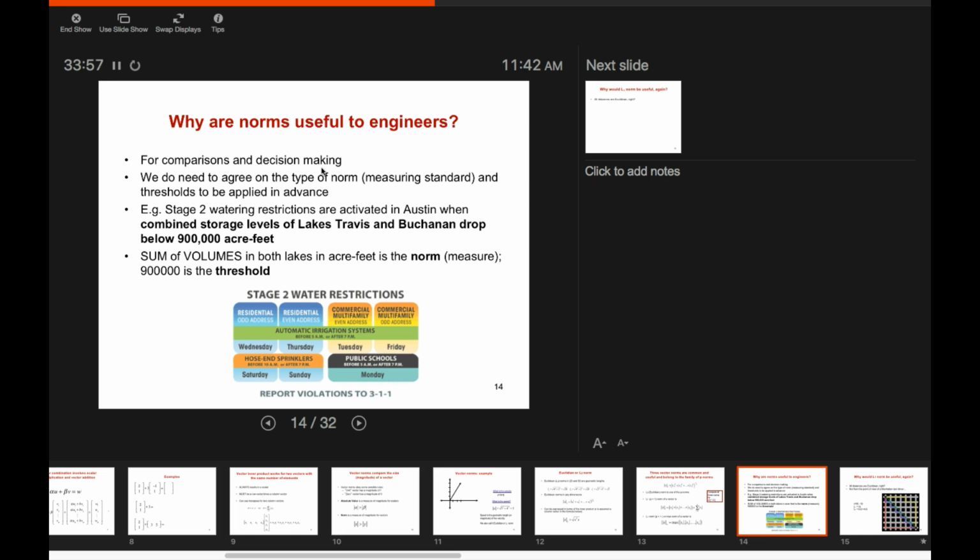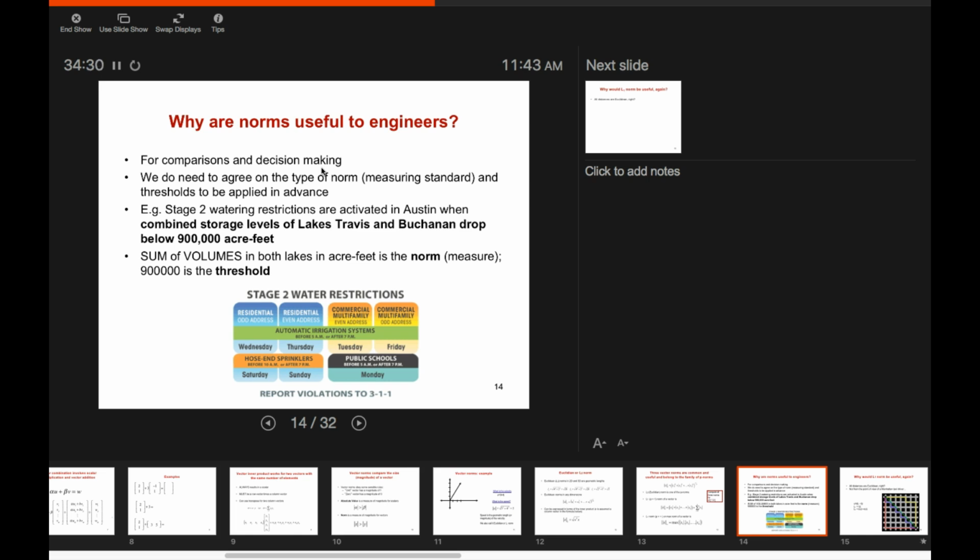So what they do is they feed in those numbers every morning, or probably every hour, and they sum up the levels. That's also sort of an absolute value of sorts, or they look at the differences of what it should be. So when that falls below a certain level, there's this alert. So we need to go to this and this restriction and not water the lawn and so forth.